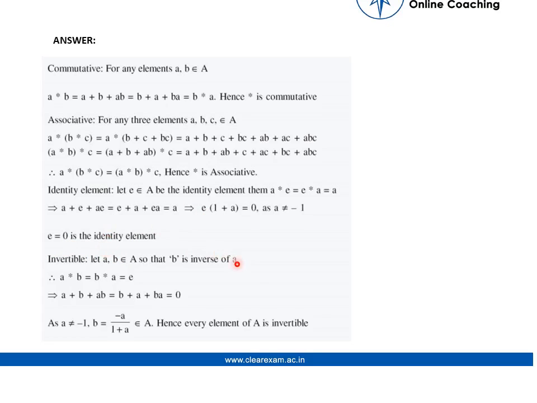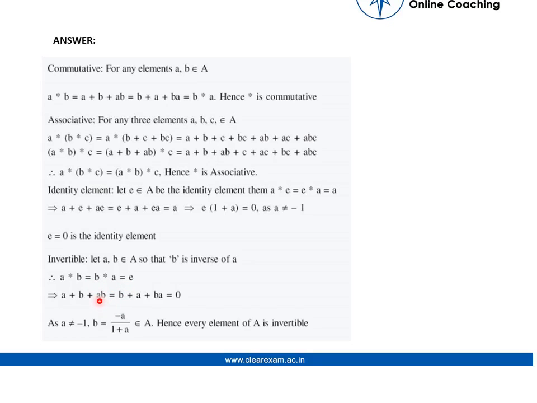So now we need to check the fourth thing, whether it is invertible or not. Invertible means inverse, like if a is the inverse of b or b is the inverse of a. This can be checked by the property that a star b is equal to b star a, because it is commutative, and that equals the identity element.